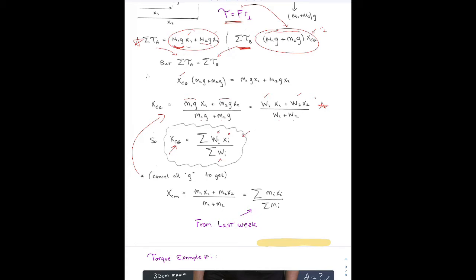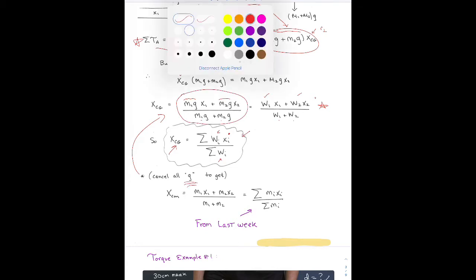Now when we did center of mass, I think I did it with 2 tennis balls on a rod, and we argued that for 2 equal tennis balls, the center of mass would be at the middle, and I just gave you that expression. I said at that time that it wouldn't be till we got to the section on torque that we'd be able to derive it. So to find the x coordinate of the center of mass, I take this expression and cancel out all the g's.